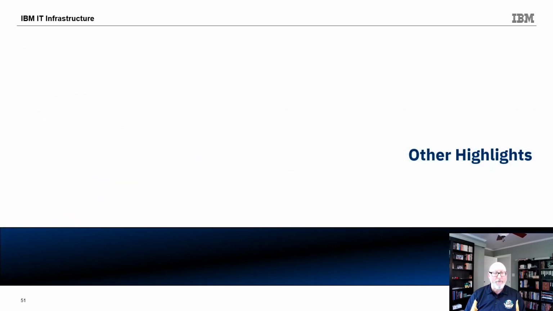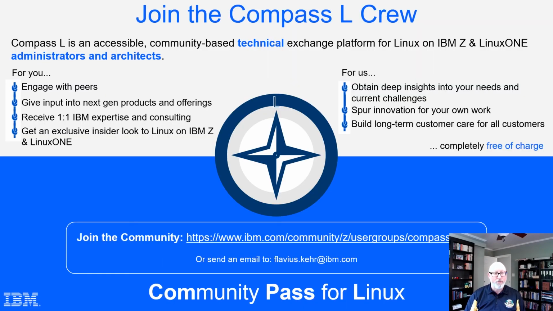All right, so that kind of wraps up our value statements, but let's take a look now at a few other highlights I want to call your attention to. First off, I know some of you out there are members of the z/VM Council, right? That's something that meets monthly for 90 minutes in WebEx, and we talk about all sorts of stuff. There's something similar to that for the Linux environment on IBM Z and LinuxONE called Compass L. And so there's a lot of information here.